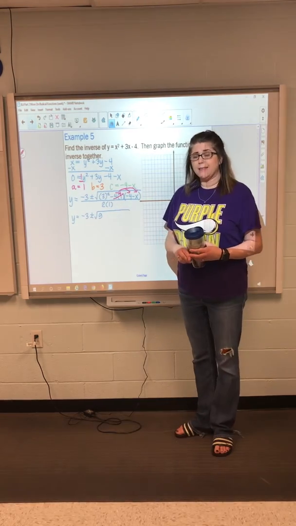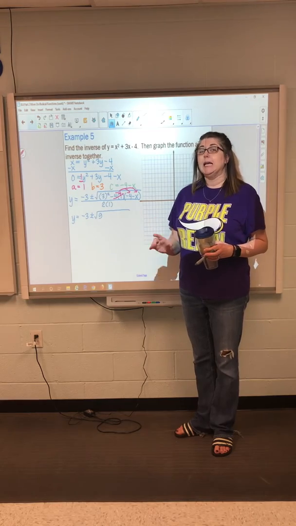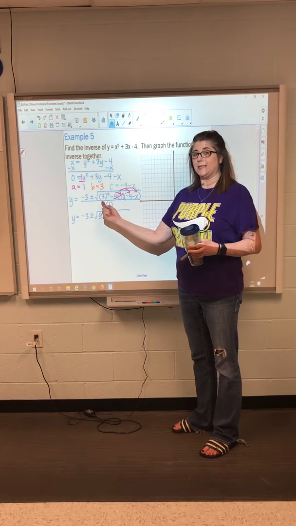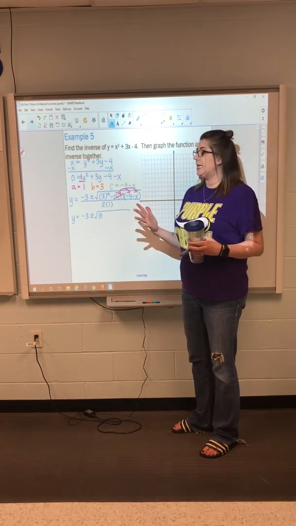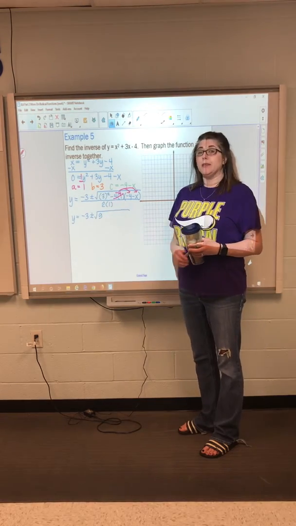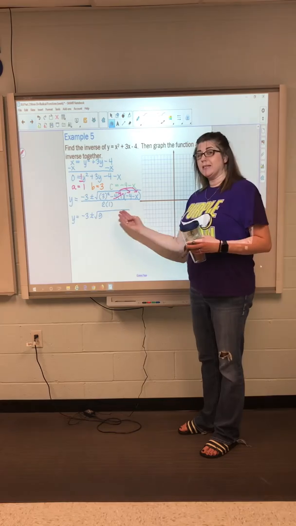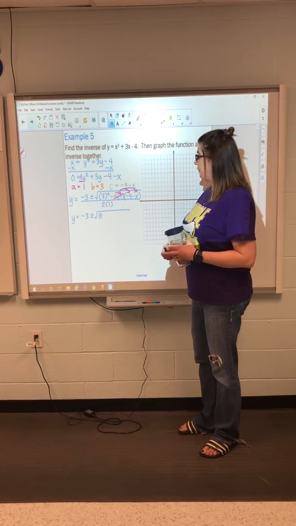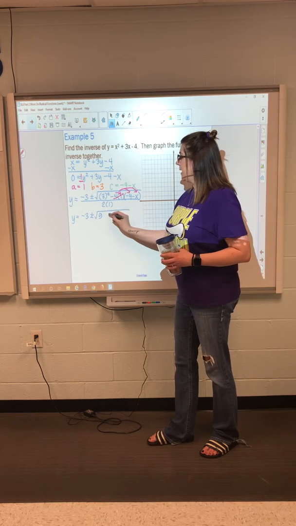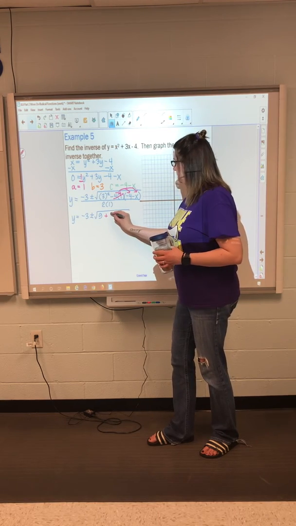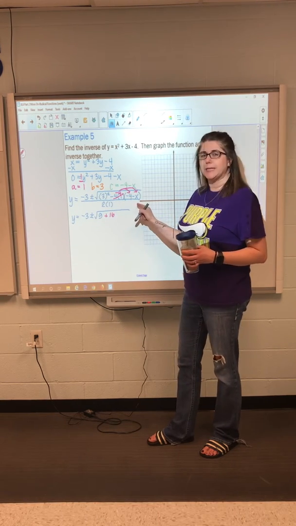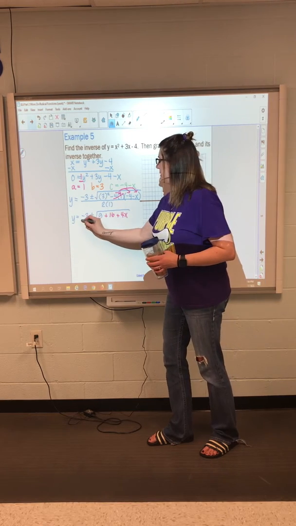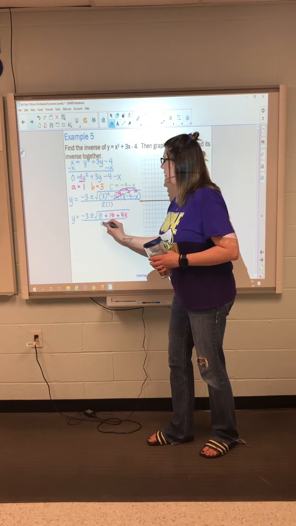I'm not going to do that this time, and let me explain why. Because in the last problem, this value right here for b squared was a 0, so there wasn't anything there. This time there is something there, and we're going to end up having to combine like terms in a moment. So I do need to go ahead and distribute that negative 4. So negative 4 times negative 4 is positive 16, and then negative 4 times negative x is positive 4x. And then all of this is still over 2.